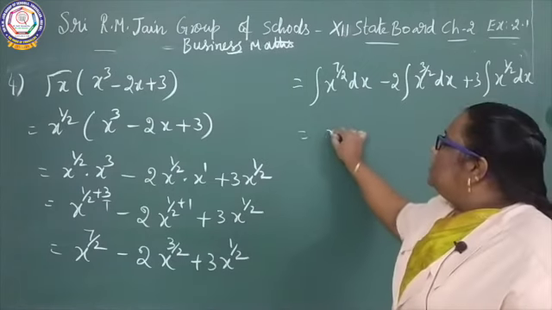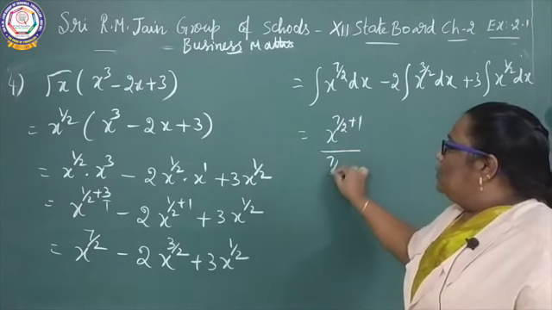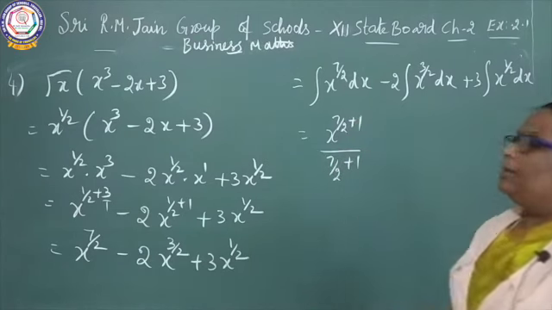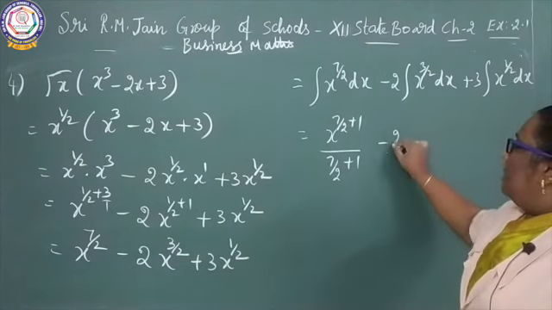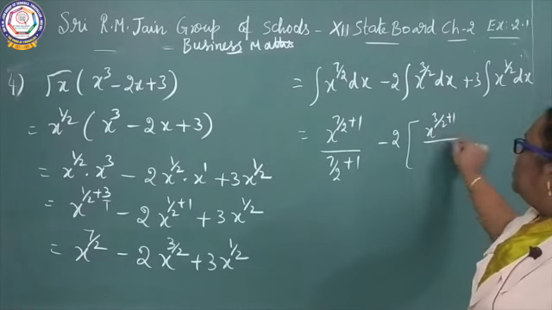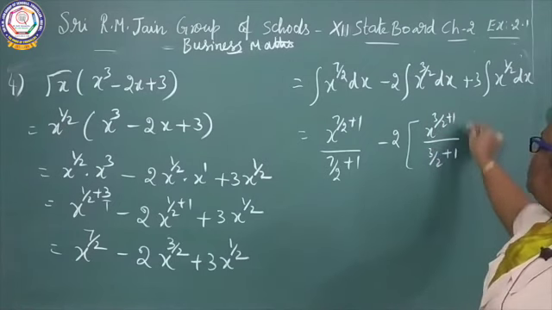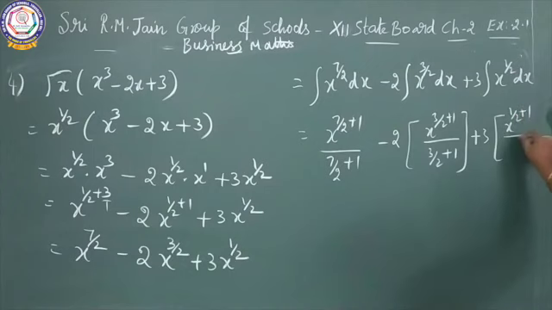So it gives x to the power n plus 1 by n plus 1: 7 by 2 plus 1 in the denominator, minus 2 into x to the power 3 by 2 plus 1 by 3 by 2 plus 1. The same formula you can apply. Plus 3 into x to the power 1 by 2 plus 1 by 1 by 2 plus 1, plus c.